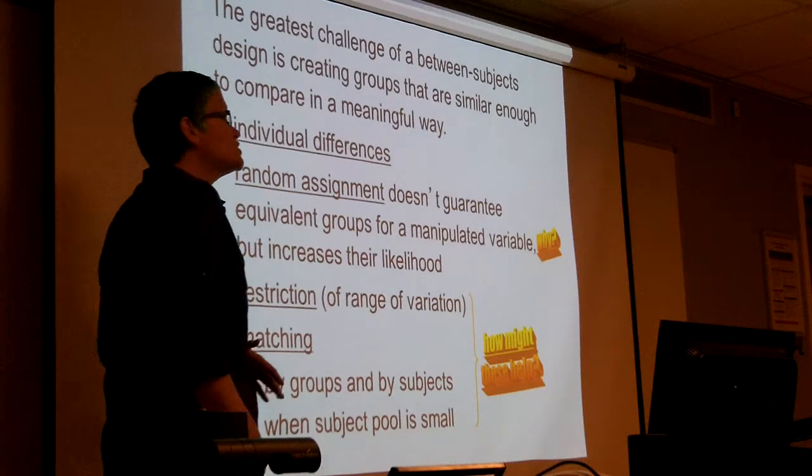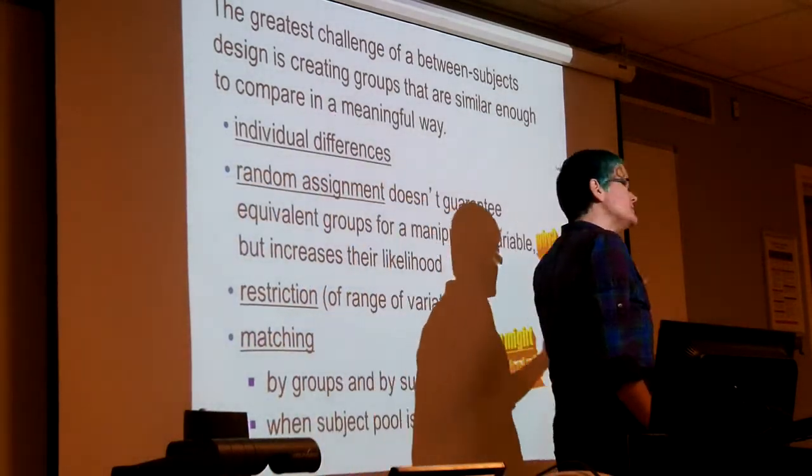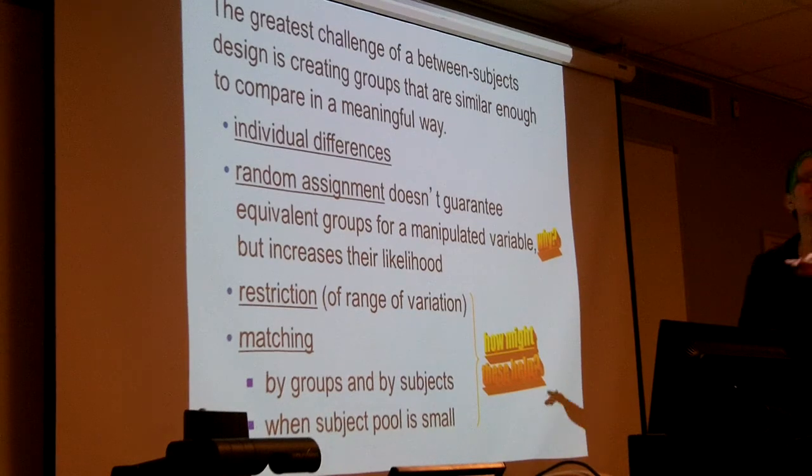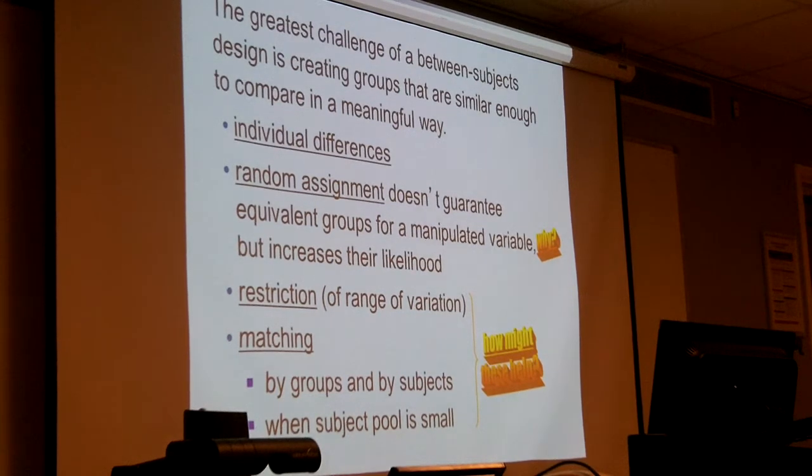But we can try to distribute what individual differences exist as much as possible evenly across the conditions using a balancing procedure. And the way we do this most of the time is by using random assignment. That's what random assignment's for. That's why we use it.